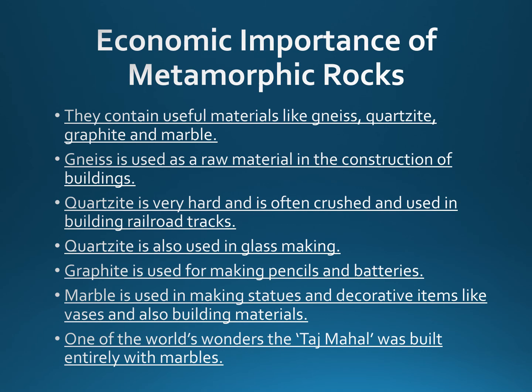Quartzite is also used in glassmaking. Graphite is used for making pencils and batteries. Marble is used in making statues and decorative items like vases and also building materials. One of the world's wonders, the Taj Mahal, was built entirely with marbles.